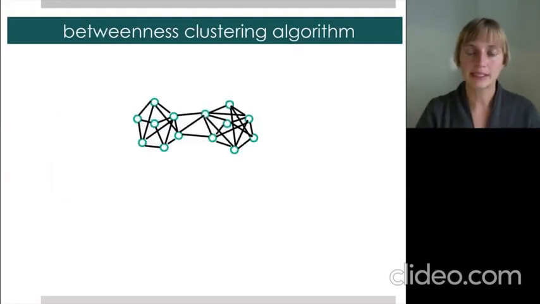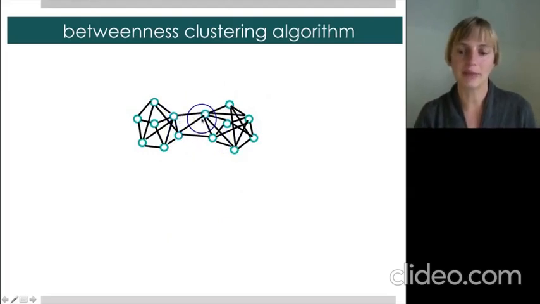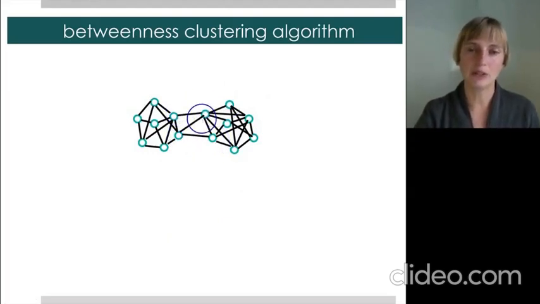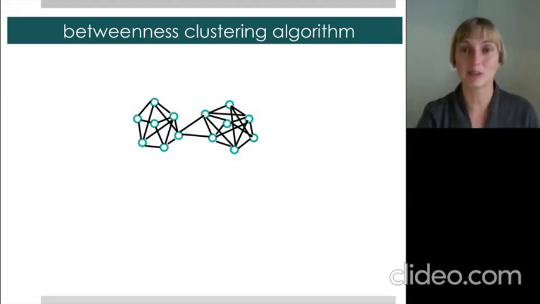So say we have a network such as this one with two fairly clear communities, we might expect that these edges in between here are the ones with high betweenness. And what we're going to do is iteratively find the one with highest betweenness and remove it. Now we recalculate, and this computation is expensive. That's why this algorithm is slow and doesn't scale to really large networks.